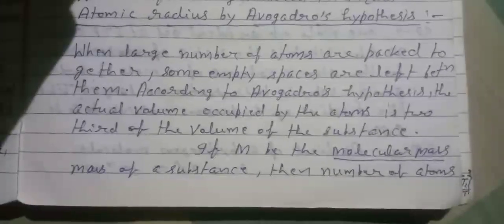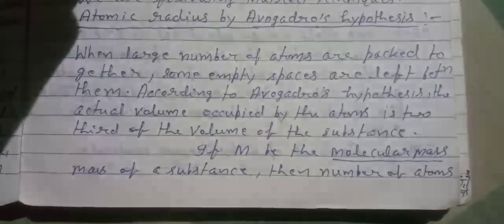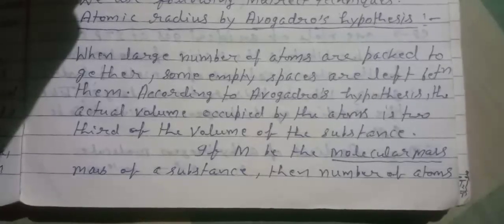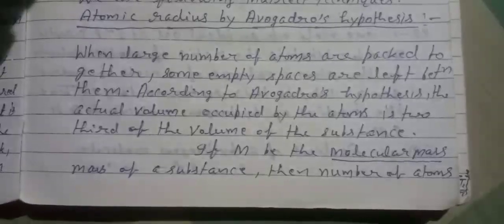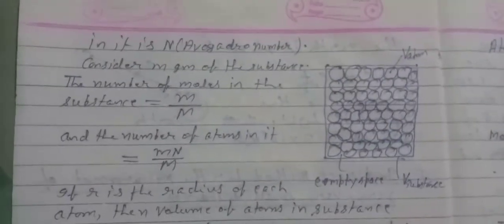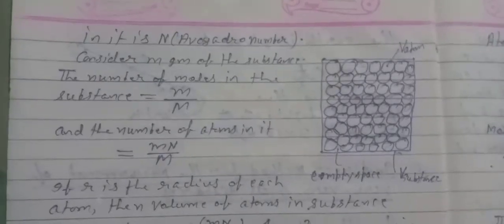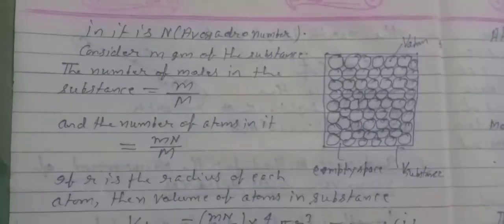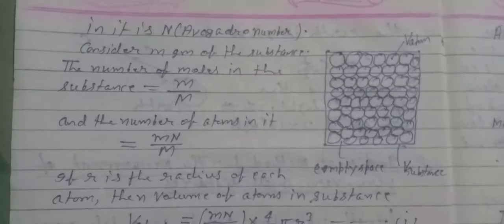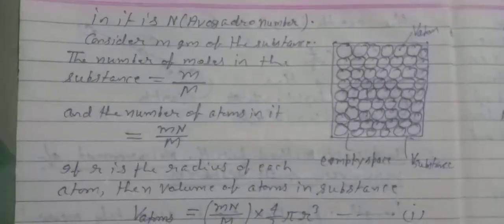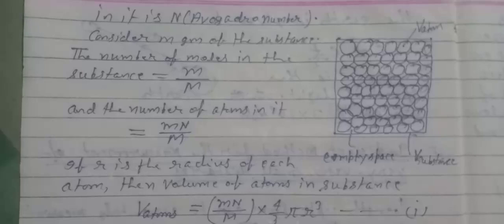If M be the molecular mass of the substance, then the number of atoms in it is Avogadro's number N. Consider m gram of the substance. The number of moles in the substance is m/M, and the number of atoms in it is m/M × N.